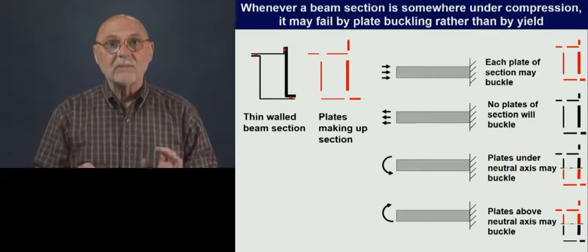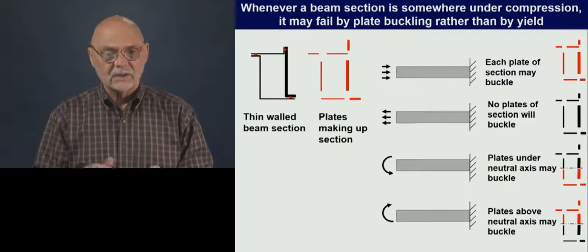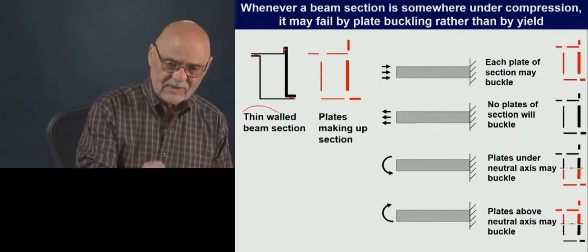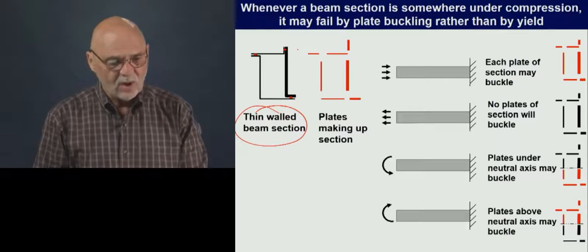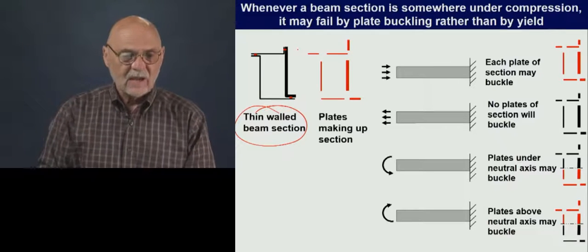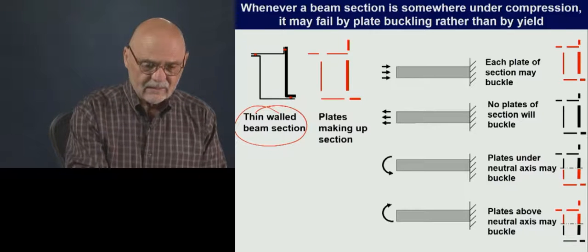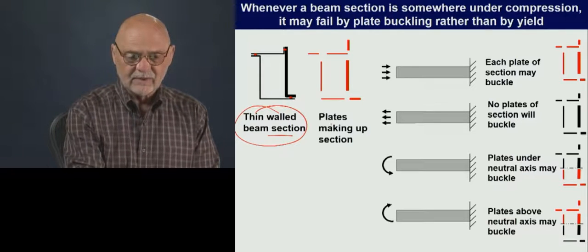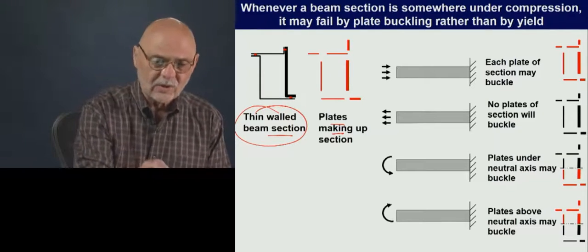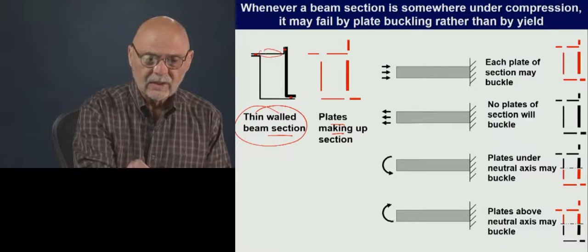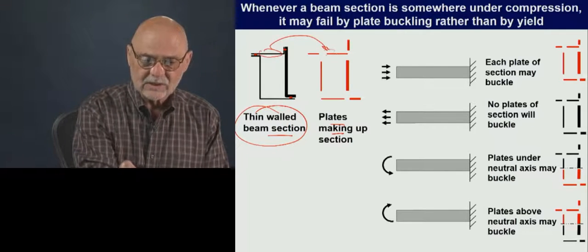The flat plates that we're talking about are really elements of a section. So here is a made-up thin-walled beam section, a few plates that are welded together. But we want to think of that section as being made up of several plates. So here, this little top plate, we want to look at as a plate.